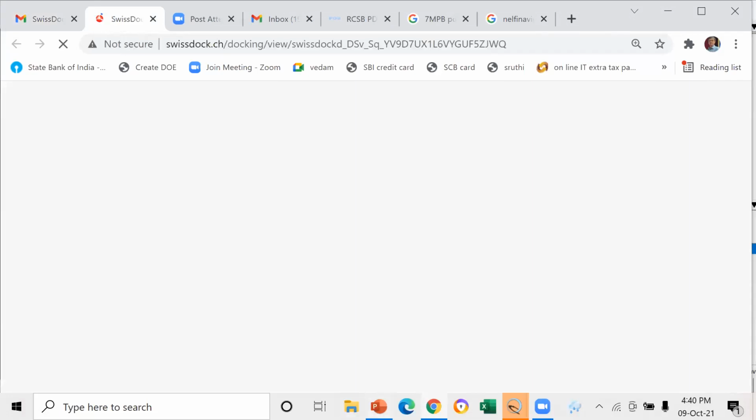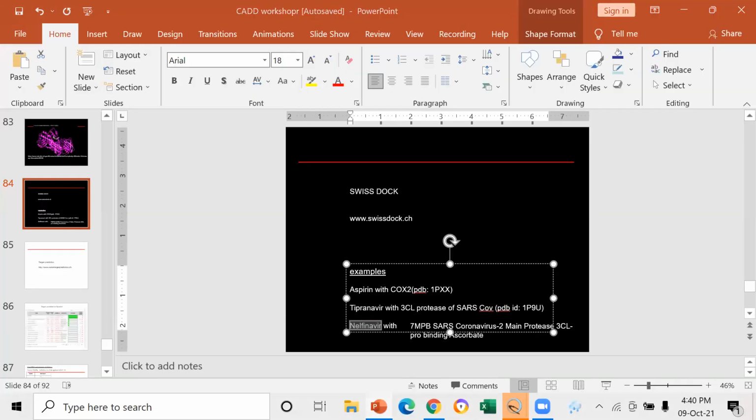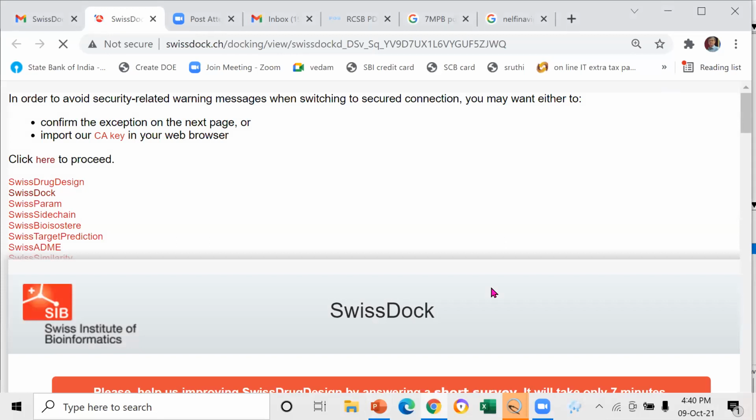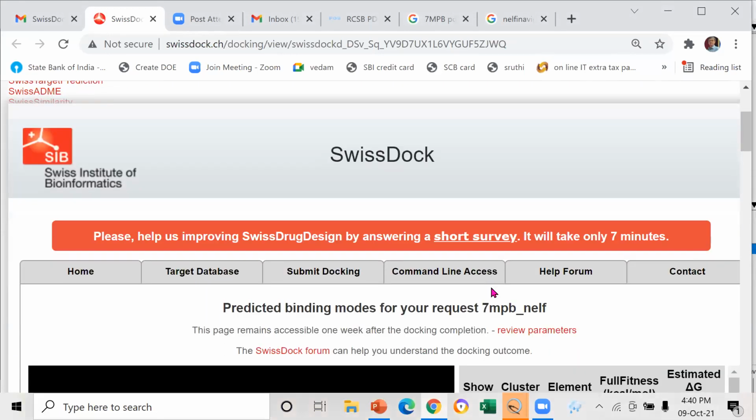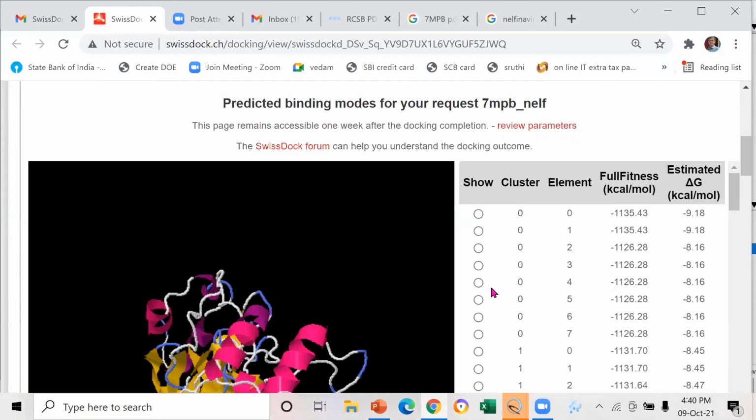So here we have a drug called nelfinavir, another protease inhibitor, minus 9.18.